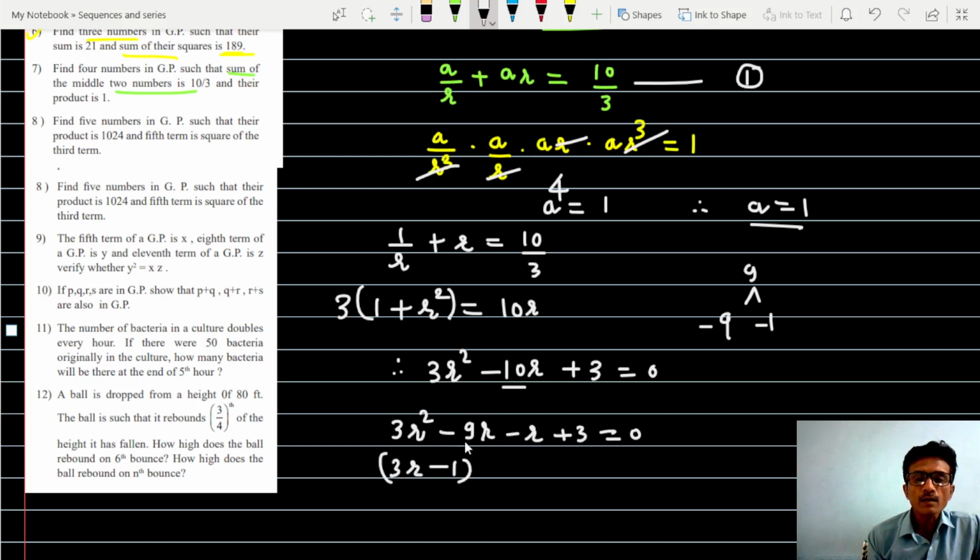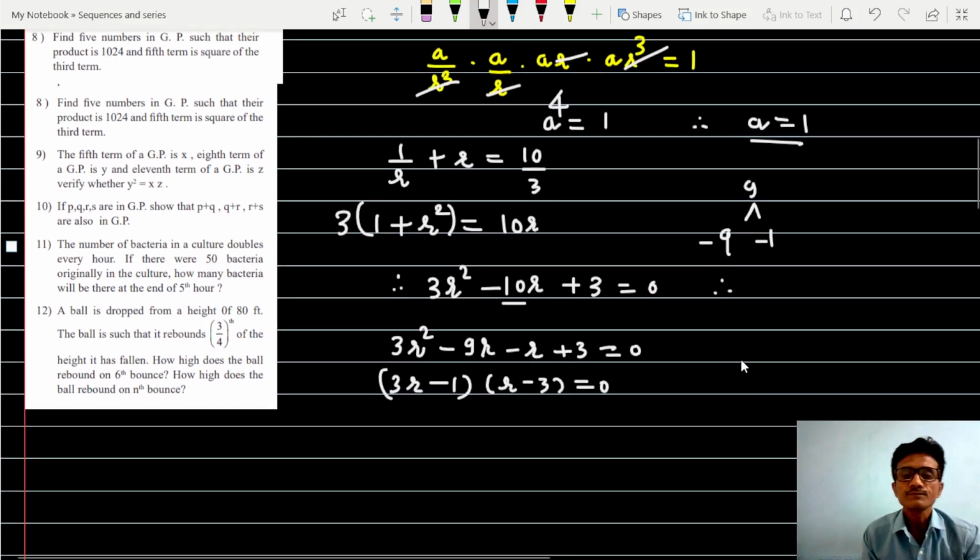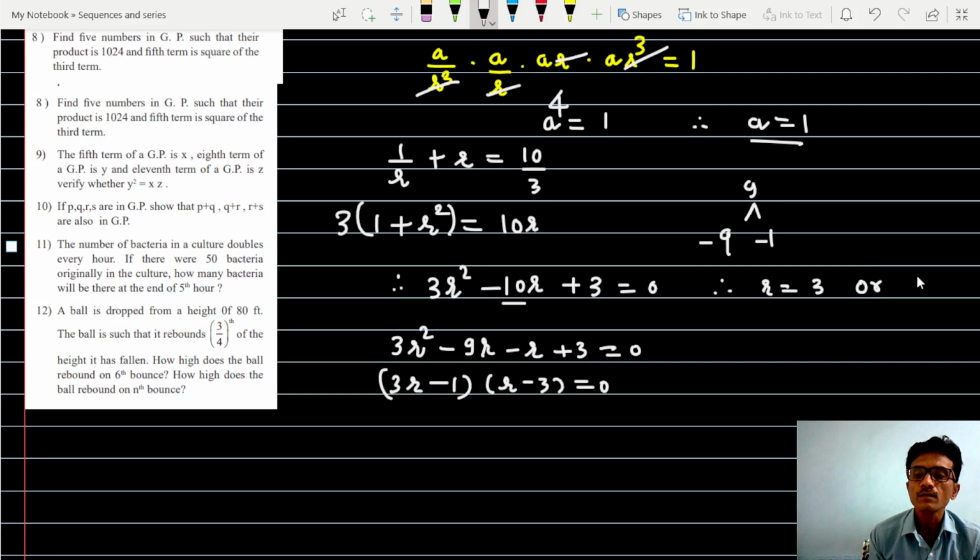So it is r minus 3 is equal to 0. Therefore you are getting r is equal to either 3 or 1 by 3.